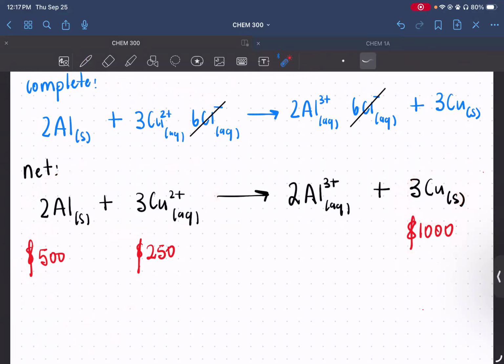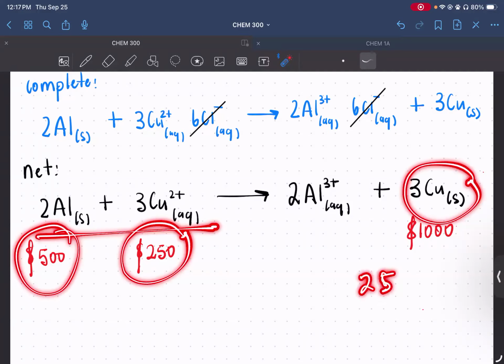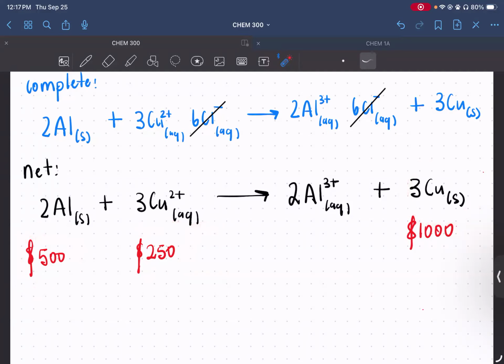This is the importance of ionic equations. They allow us to focus on important changes in a reaction that allow us, in the grand scheme of things, to save money. It's cheaper to spend $750, have a grad student run the reaction, make the copper solid. Now all of a sudden you have a surplus of $250 that you can purchase other stuff with. So ionic equations come from a place of necessity and reality for research.